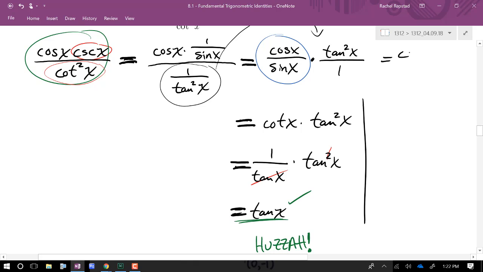So this would look like cosine x over sine x times sine squared x over cosine squared x, just replacing tan with what we know it is in terms of sines and cosines. And then do the canceling here, right? Cosine cancels with one of those, and sine cancels with one of these. We're left with just sine over cosine, and guess what that's equal to? All roads lead to tangent.